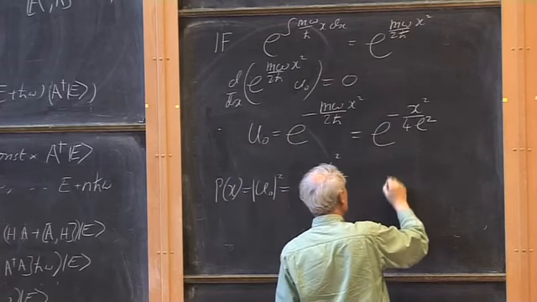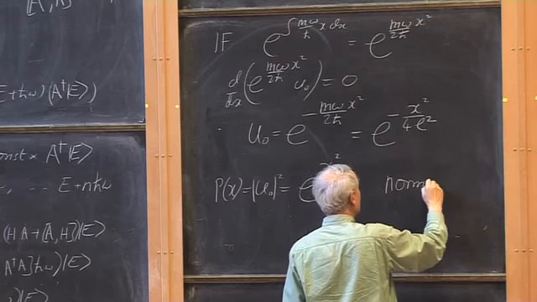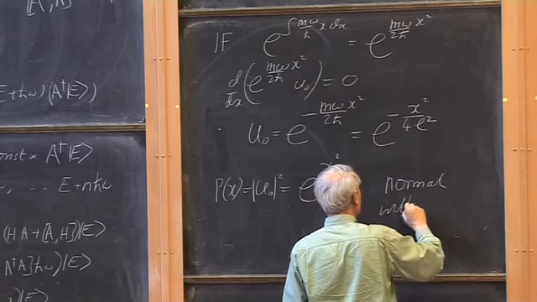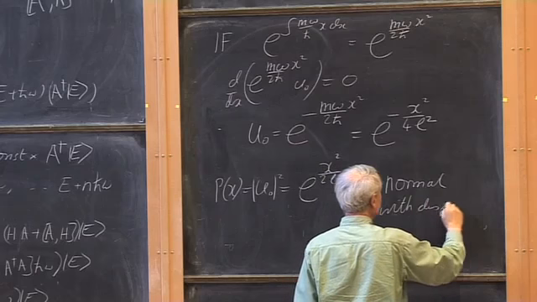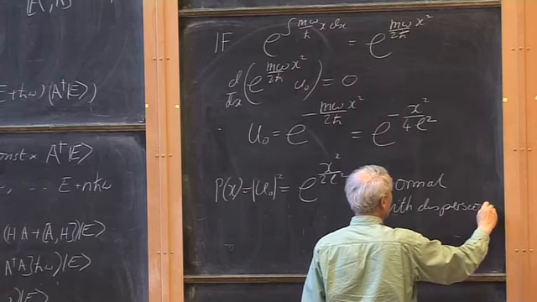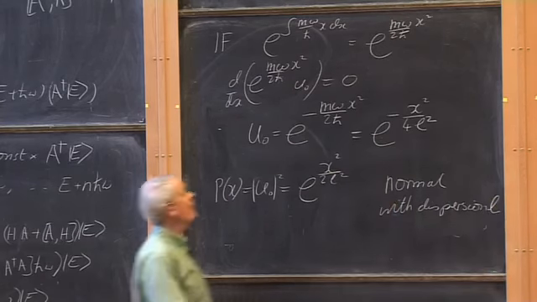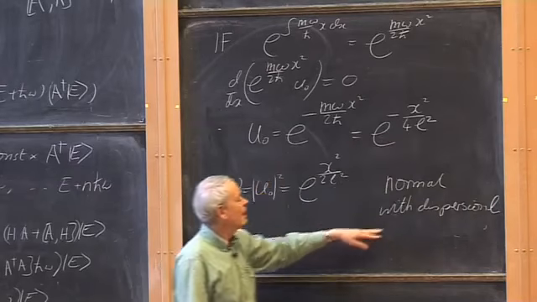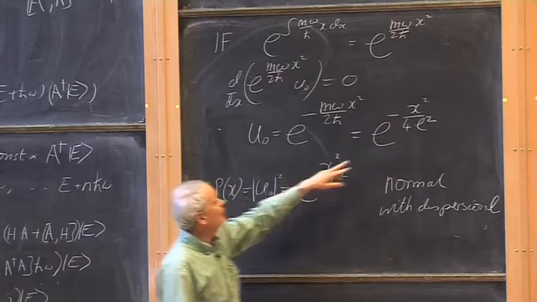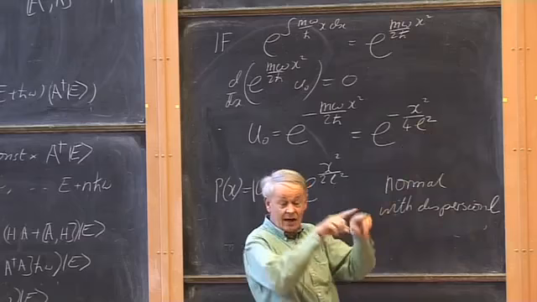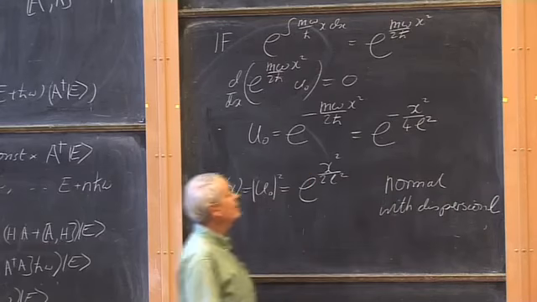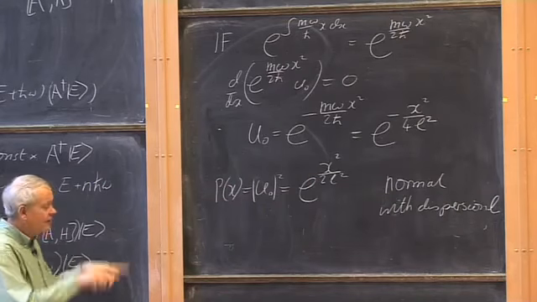So this is a normal distribution with dispersion L. I can identify that as the Gaussian width of the distribution.